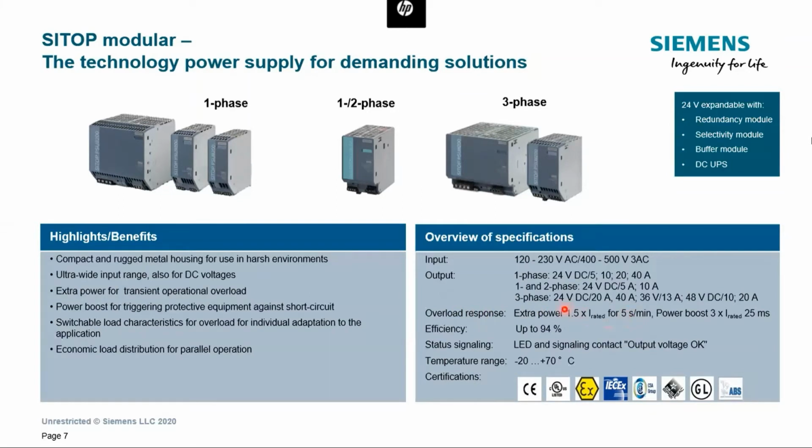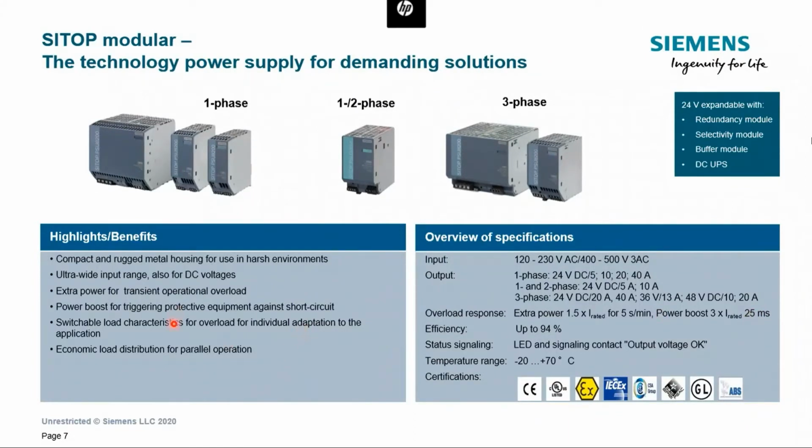advantage here. Besides the extra power feature, which we talked about before and which exists also on the standard power supplies, it has what we call a power boost. This power boost will make your power supply capable of providing 300% of the rated current for a very short time, up to 25 milliseconds.